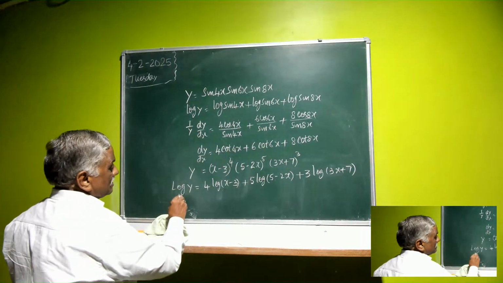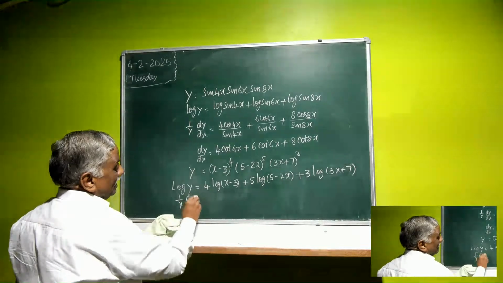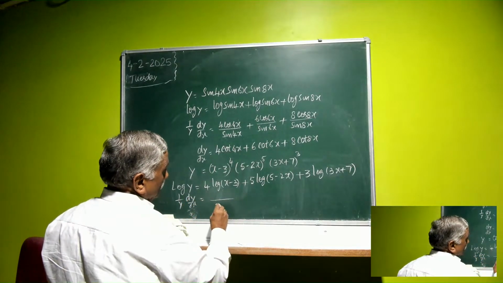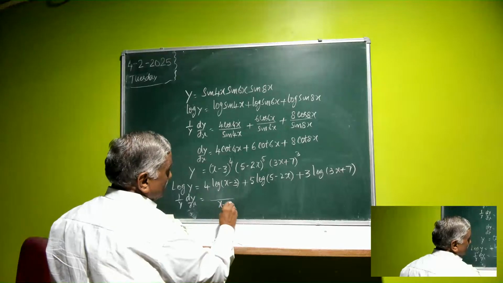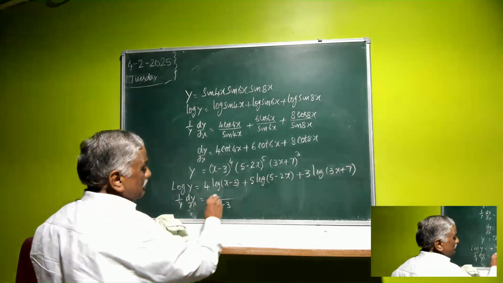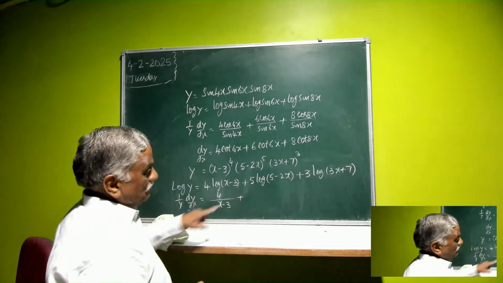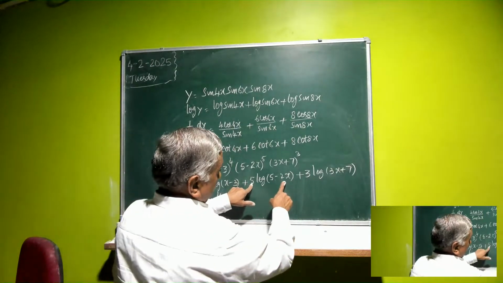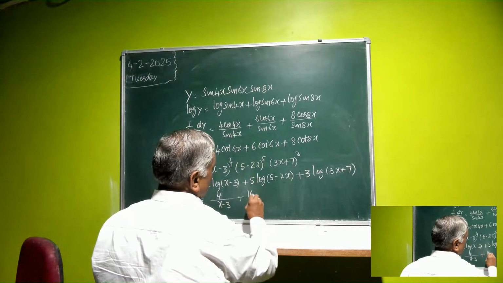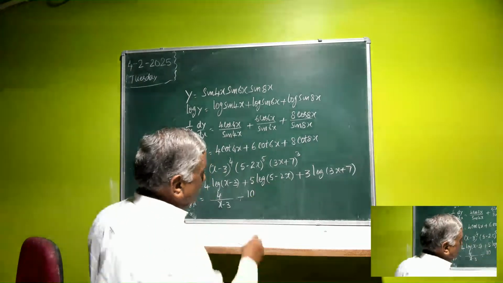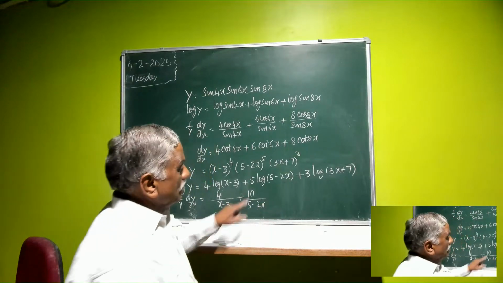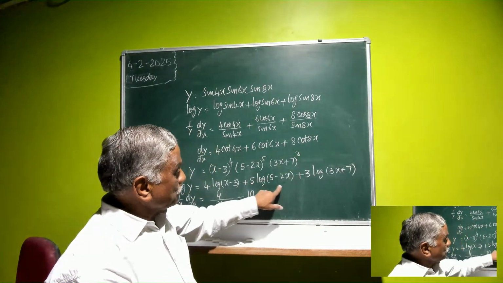Let us differentiate this. 1 by y dy by dx is equal to, this is x minus 3, differentiation of x is 1, this 4 is as it is, plus 5 is as it is, derivative of minus 2x is minus 2, therefore this is minus 10. I repeat, denominator first you write 5 minus 2x, because log is 1 over 5 minus 2x.